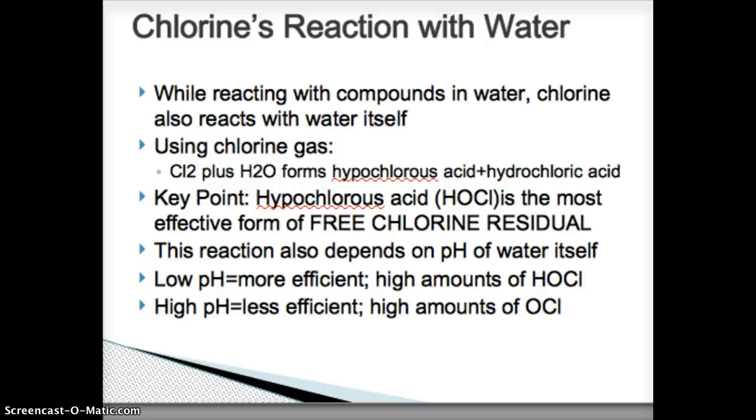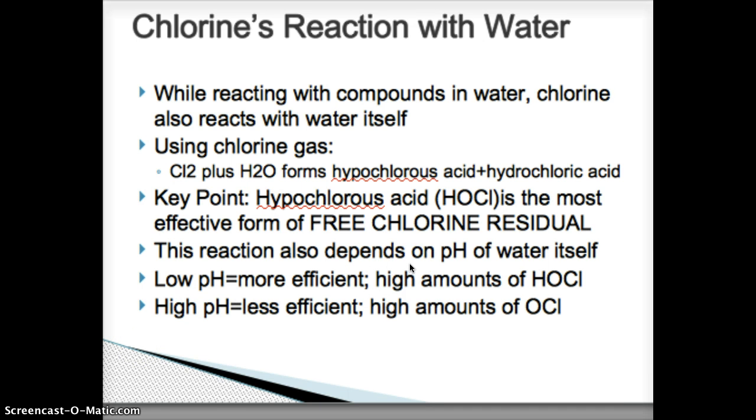So when chlorine is added to water, a variety of chemical processes take place. The chlorine reacts with compounds in the water and with the water itself. Some of the results of these reactions, known as the chlorine residual, are able to kill microorganisms in the water.